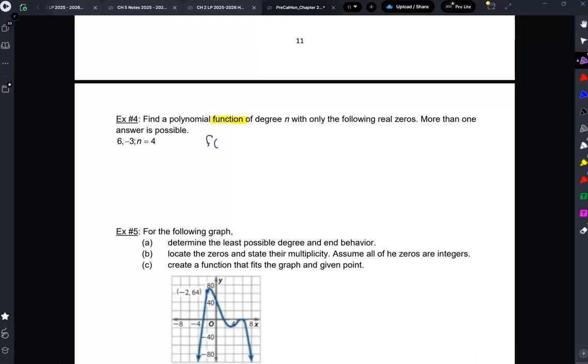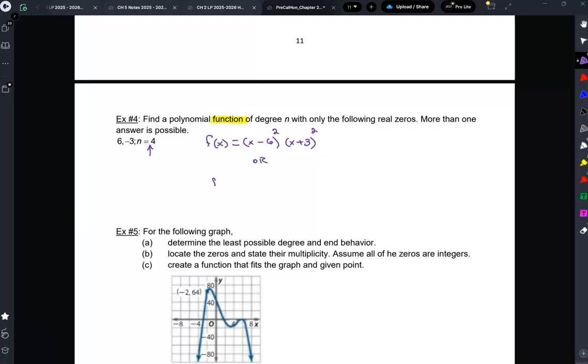So f of x is equal to, if 6 is a 0, then it comes from a term x minus 6. If 3 is a 0, it comes from a term x plus 3. Now, when I multiply this, it'll have a degree of 2, but I need it to have a degree of 4. So we could square both of them.